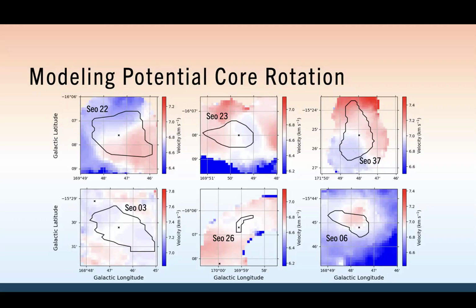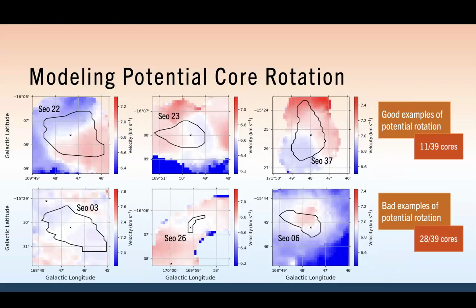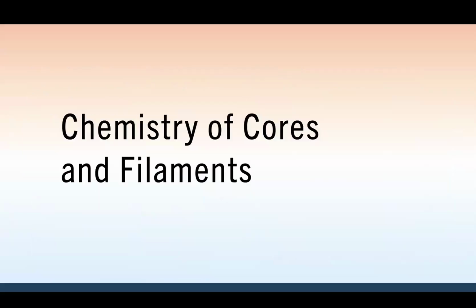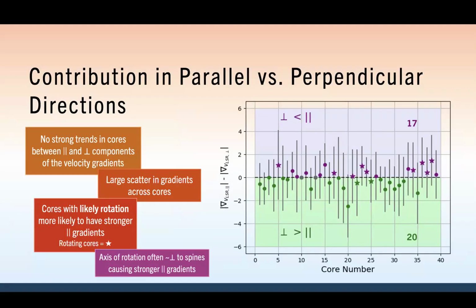Okay, so with the figure that I showed here, where the parallel gradient was dominant over the perpendicular, especially for those likely rotating cores, my idea was that they were rotating with an axis of rotation that's perpendicular to the filament they reside in. So when there's rotation, for sure, it's perpendicular. Not always, since there are these two examples where that doesn't seem to be the case.